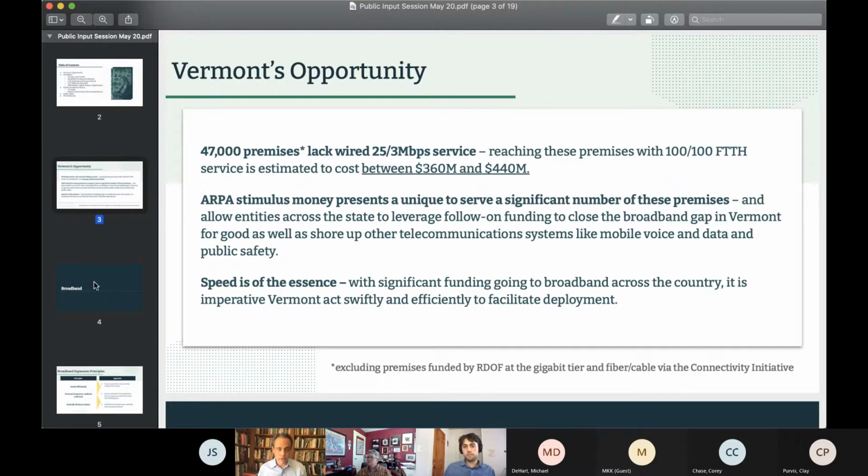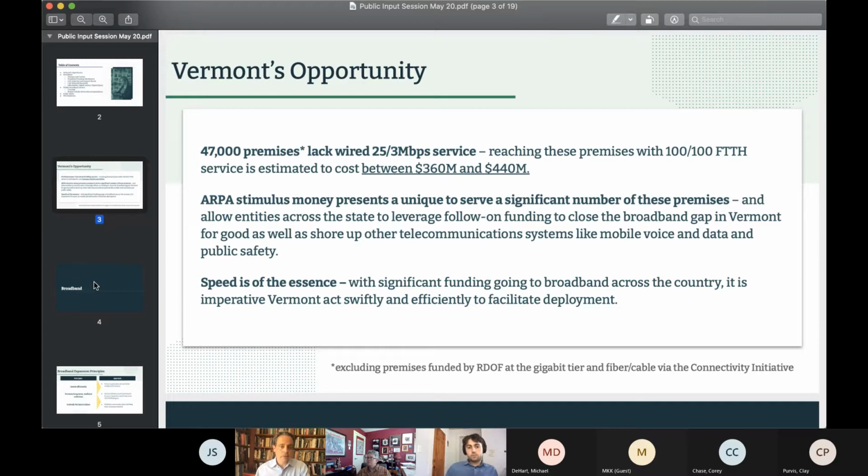There are currently 47,000 premises that lack a wired 25.3 megabits per second service, which is the traditional cable level of broadband connectivity, and what the FCC determines as served. And in order to deliver 100 over 100 fiber to the home service to those individuals, to really leapfrog technologies into something that is future-proof, will cost, our estimate is between $360 million and $440 million.